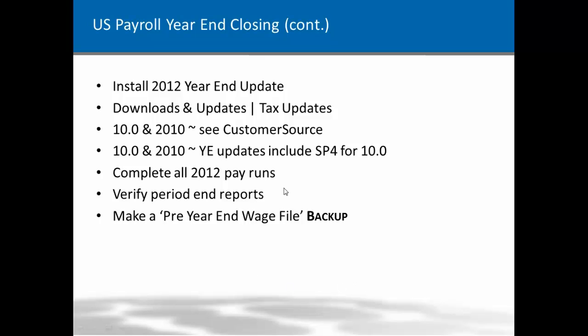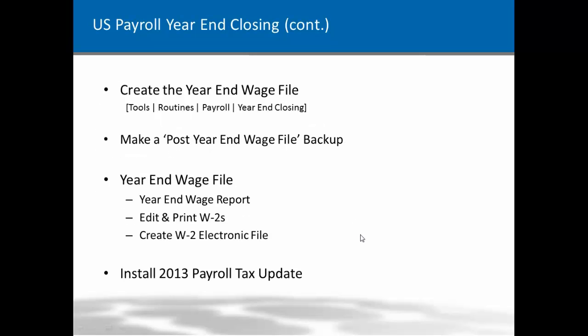You want to complete all of your 2012 pay runs, verify your period-end reports, and then make a pre-year-end wage file backup. You're going to hear backup a lot today. Then you're going to create the year-end wage file, which you'll do through Tools, Routines, Payroll, Year-End Closing. Then you'll make a post-year-end wage file backup.